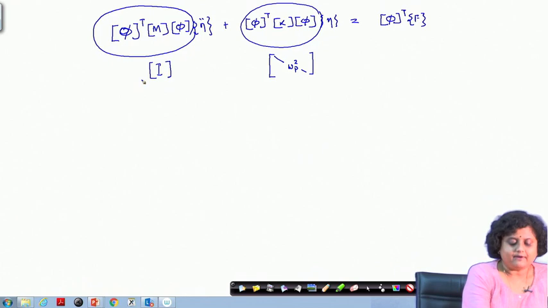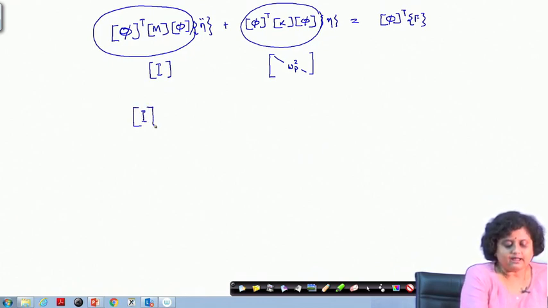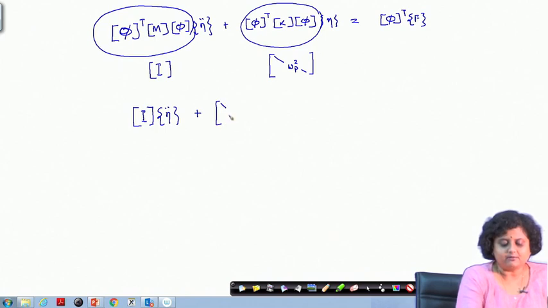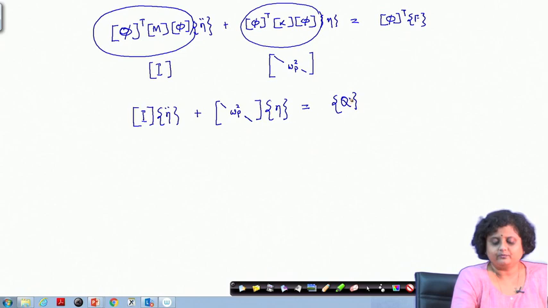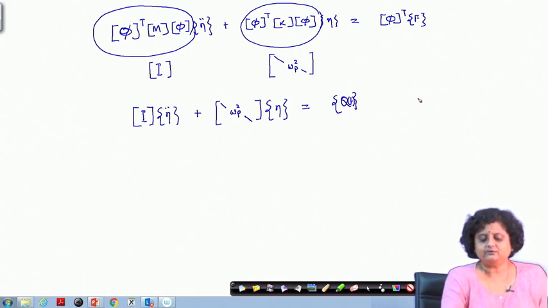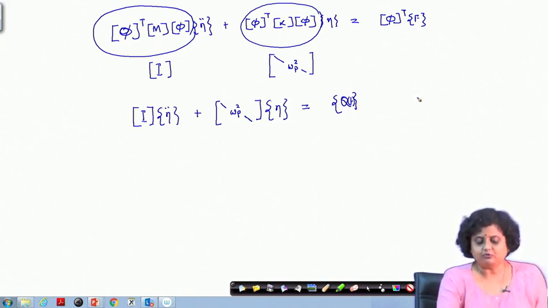So, now if I write down this equation in a simplified form, I will have I into eta double dot, and then I will have a diagonal matrix with the diagonal term as the square of the natural frequencies into eta, equal to another vector q t, where q t is nothing but the transformed force.